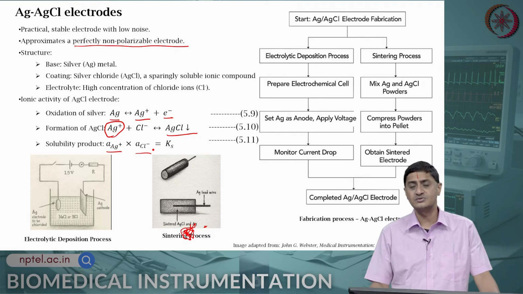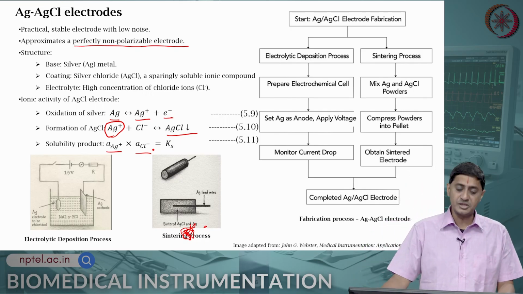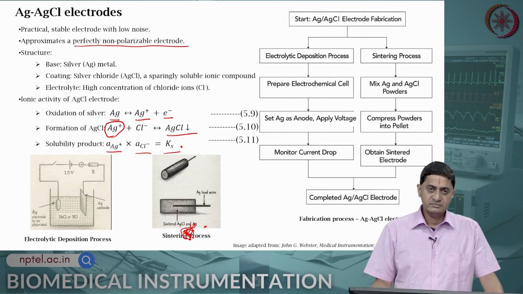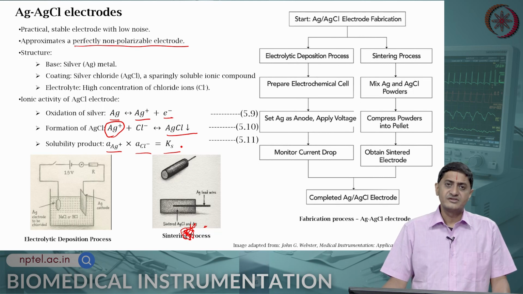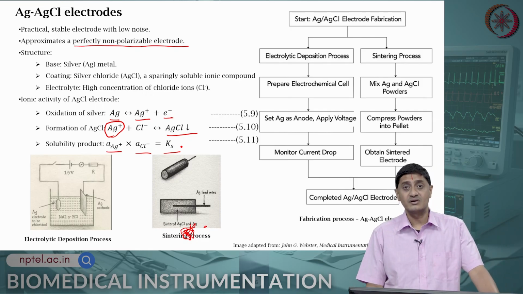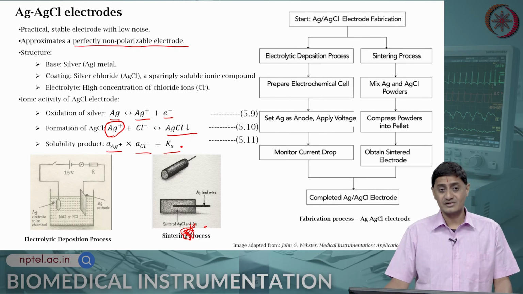The product of these two gives a constant called the solubility product Ks, which is essentially the product of the activity of the silver ions and the activity of the chloride ions. Note that this can vary depending on the concentration of chloride in the electrolyte, which is the body.